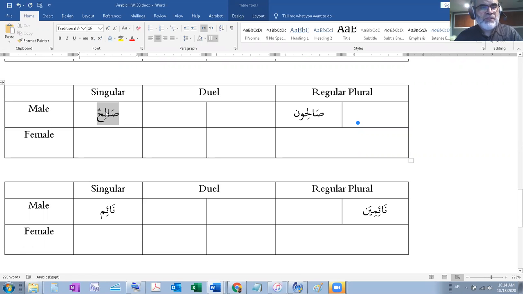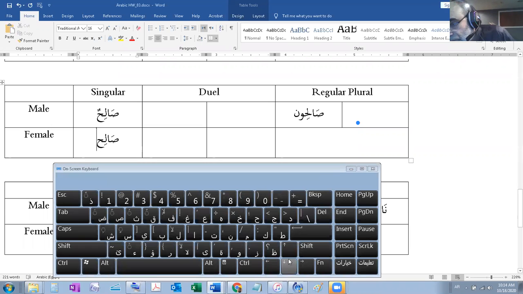Okay, default. We have Salihatu. Before I add the ta' marbuta, I must delete the tanween first. Okay, and then add the ta' marbuta.